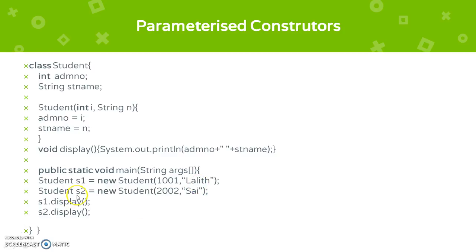The same way, the object s2 will get the parameters 2002 and Sai, which will once again be given to I and n, and in turn will be printed as 2002 Sai. So this is what is called parameterized constructors, which play a very important role when we are specific about giving the values to the parameters at the time of creating the object itself.